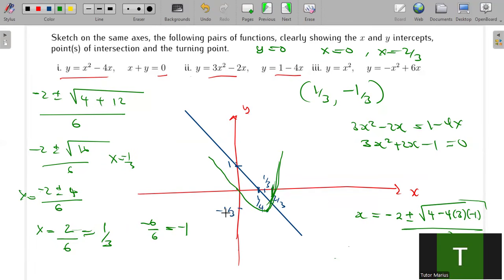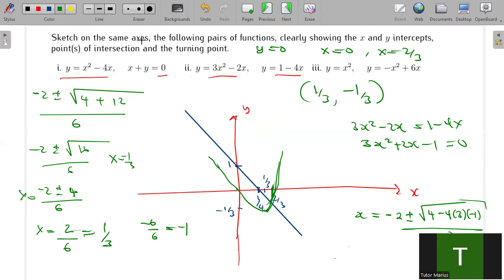Okay, I hope we did that right. Yes, so we have x equal to 1 over 3, which is of course that intersection there, which we already see. And the other one is x equal to negative 1. Anyway, this graph continues to go.